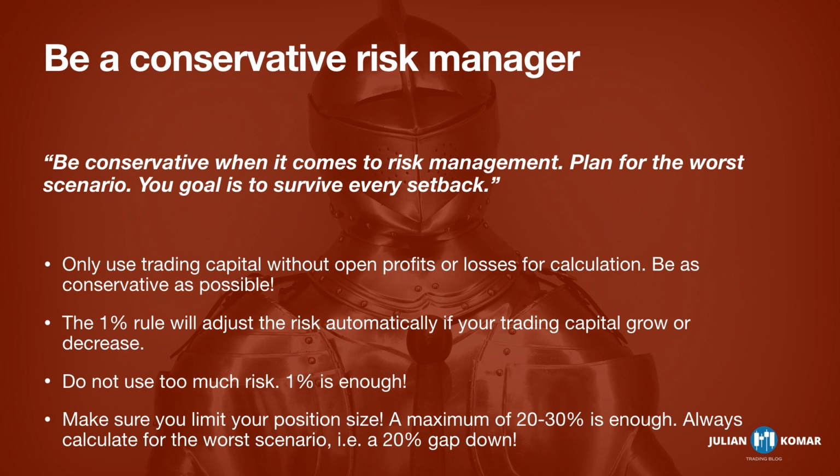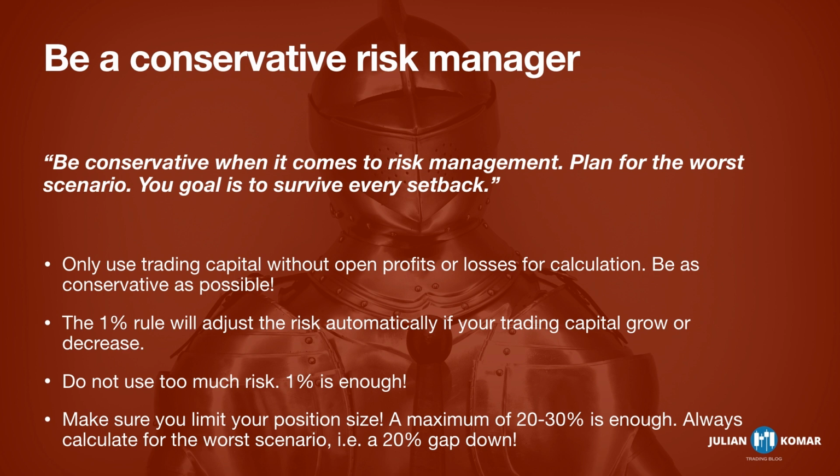And of course, you can use 1.2% or 1.5% or something, but not more than 2%. I really don't recommend that, because the losing streaks and the drawdowns will increase a lot, and it's much harder to come back from deep drawdowns. So 1% is enough. I sometimes only use 0.5 or 0.75%. So just really start small when it comes to new positions.